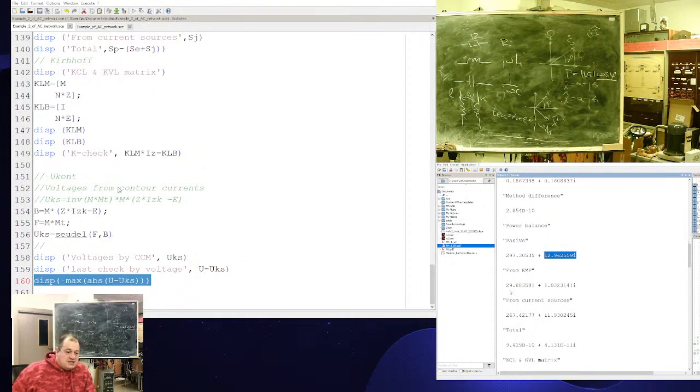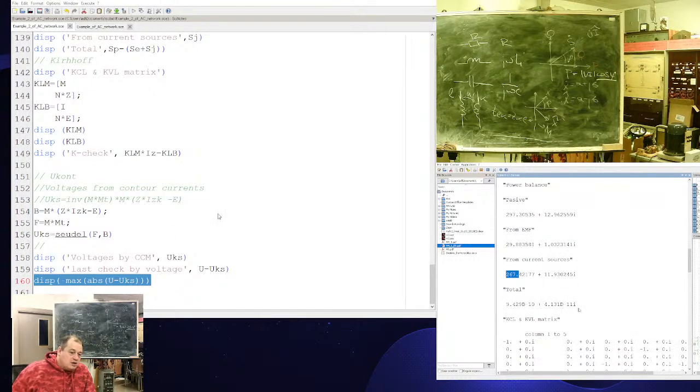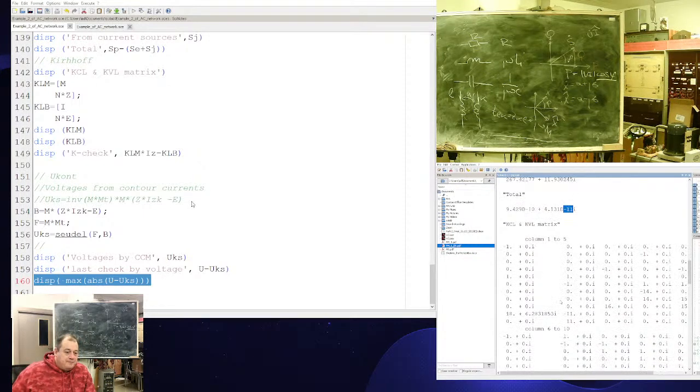Okay, from all this, EMFs 29.8, 8 watts, 267 from current sources. Total balance, you see, 10 digits on active parts and 11 on imaginary. Good. Kirchhoff's law.